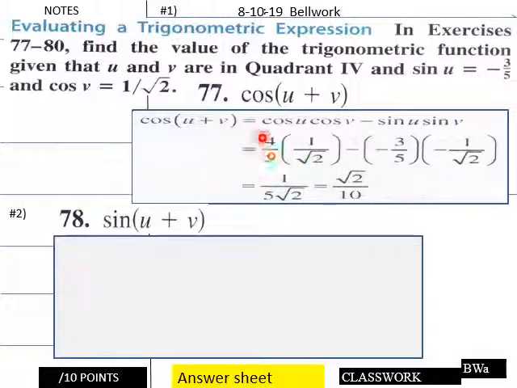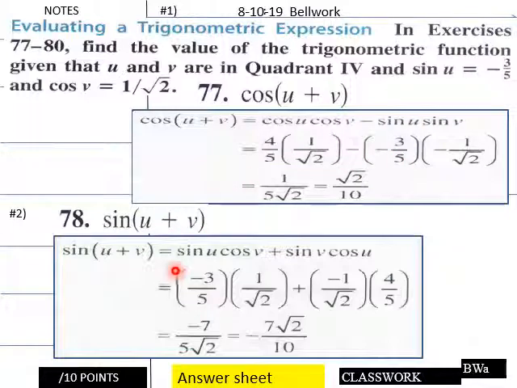The 4 over 5 here is your cosine u, and cosine v here is 1 over radical 2. So knowing your trigonometric identities is crucial for this.